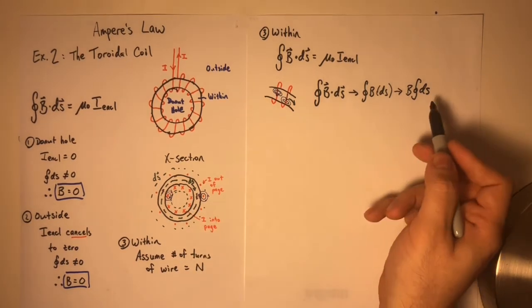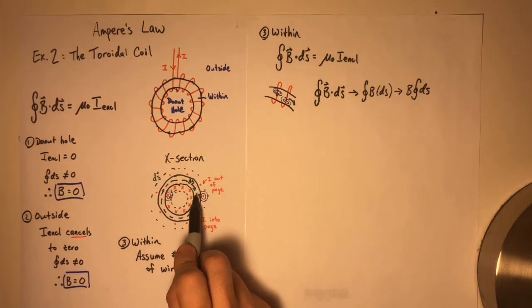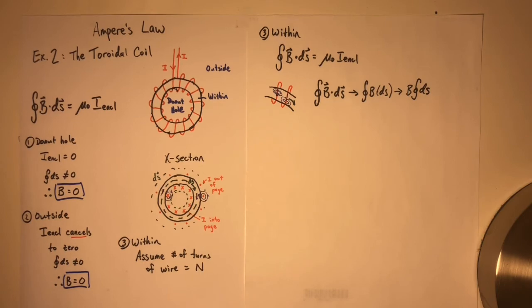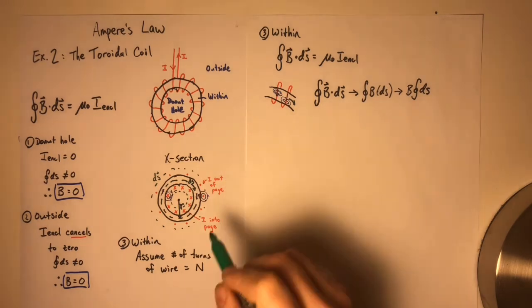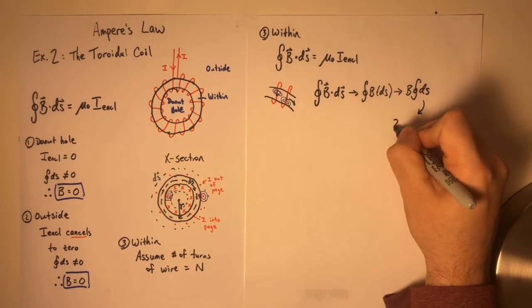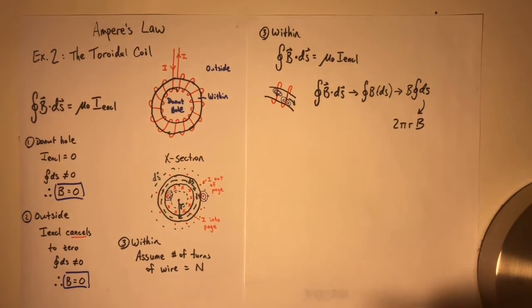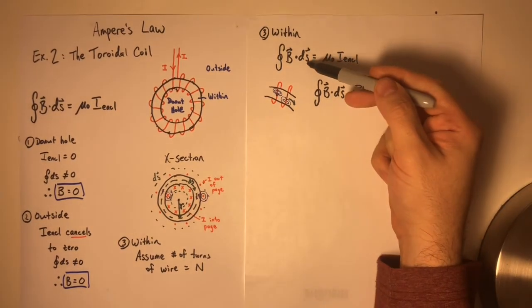And all that remains is to choose some arbitrary radius for our Amperian loop. So this takes care of the left side of the expression.